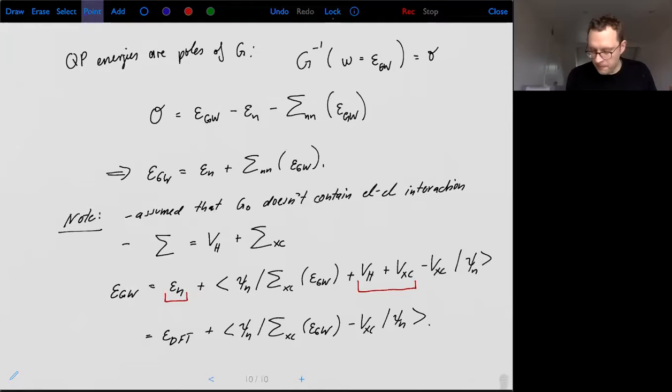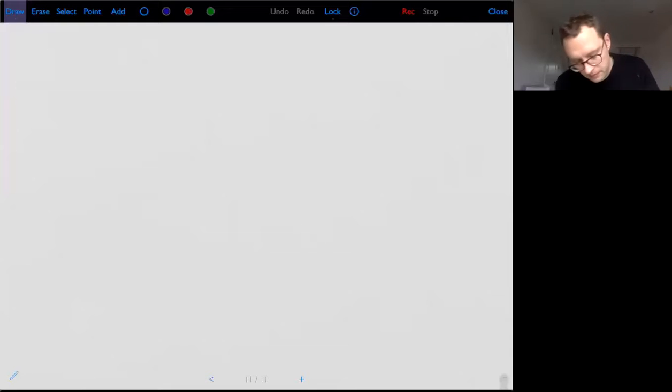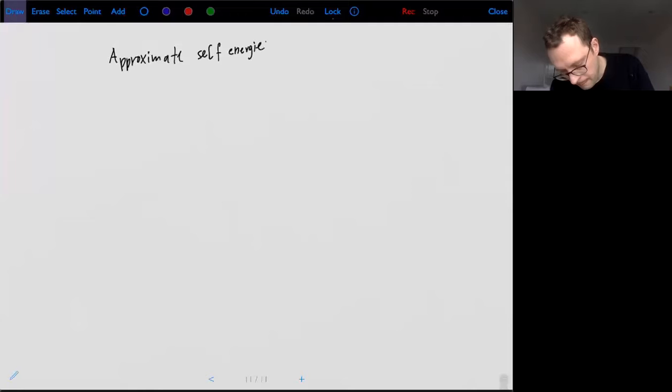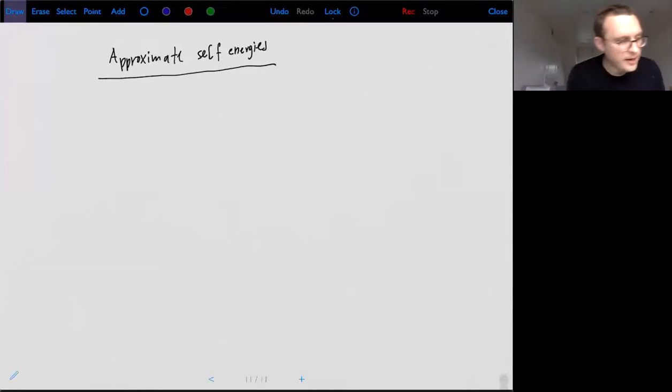All right, so the next step is obviously to figure out how to approximate these self energies. So we need to be able to calculate things, and that means we have to make approximations to the self energy. One approximation we've already encountered.